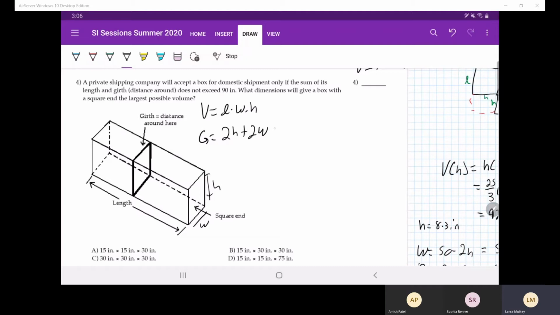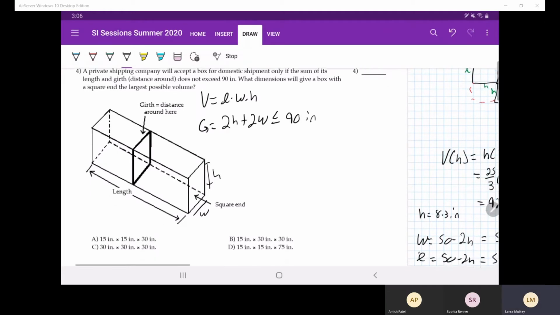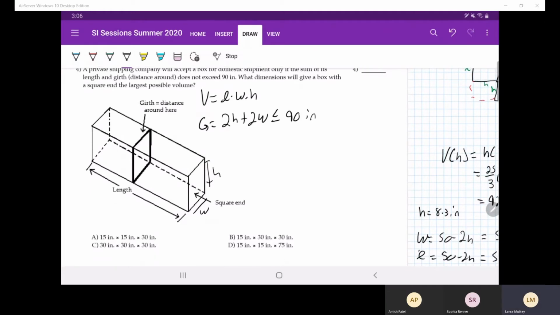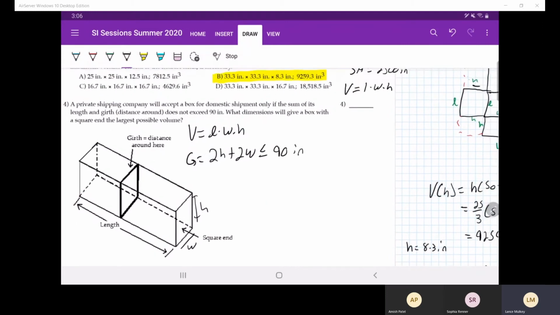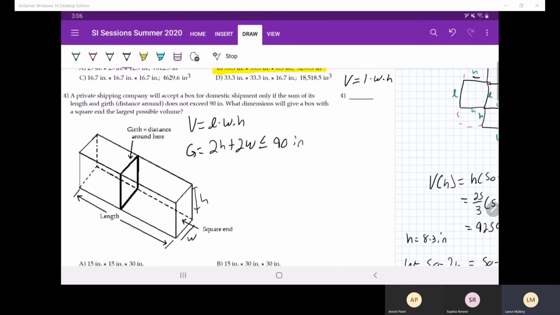And that cannot exceed 90. All right, hang on. So, we're going to say equals 90, actually.